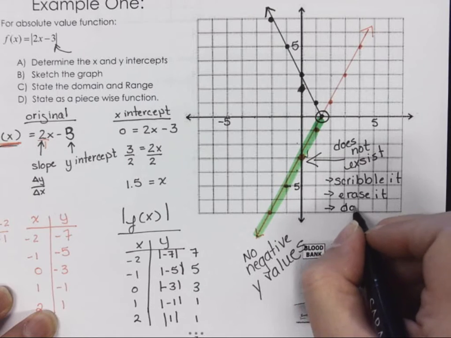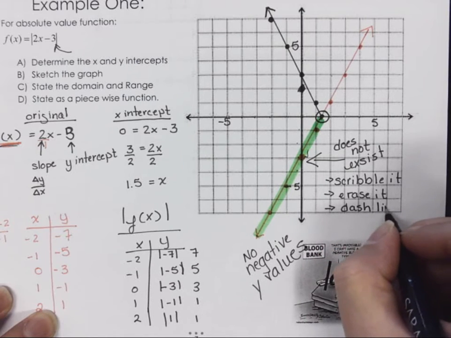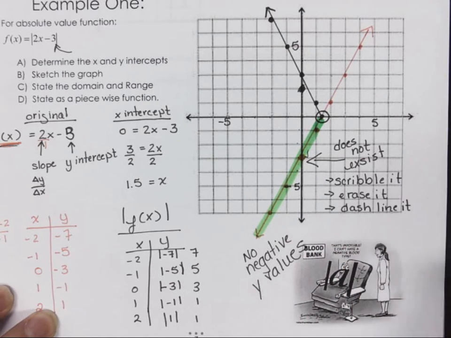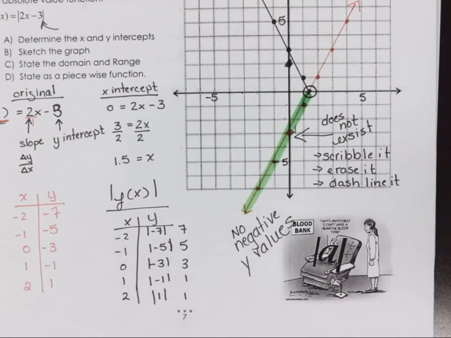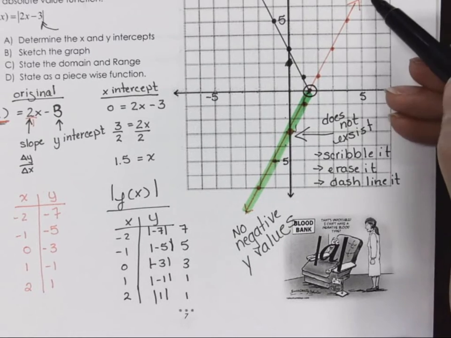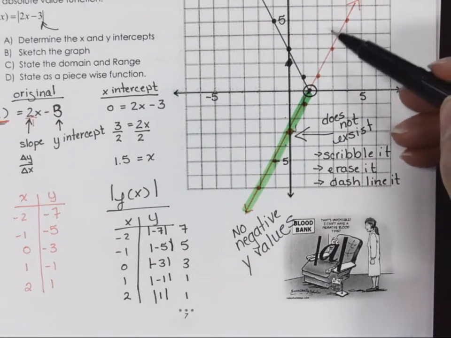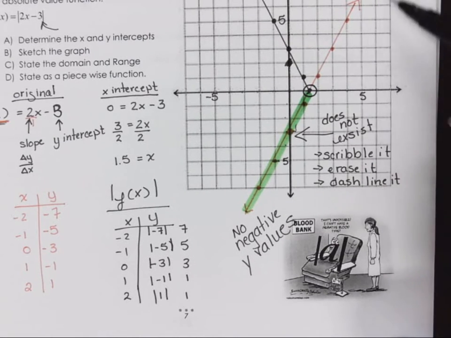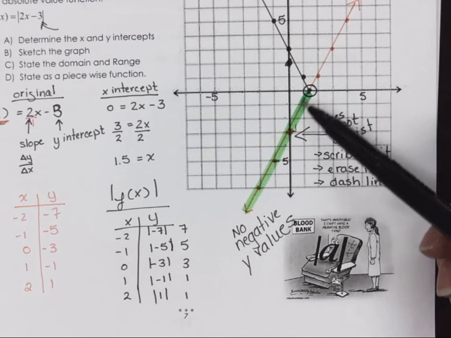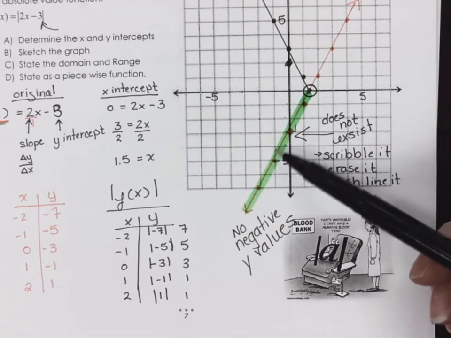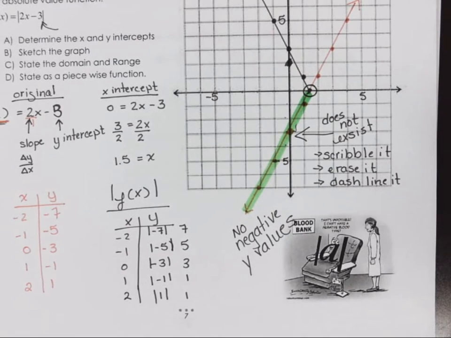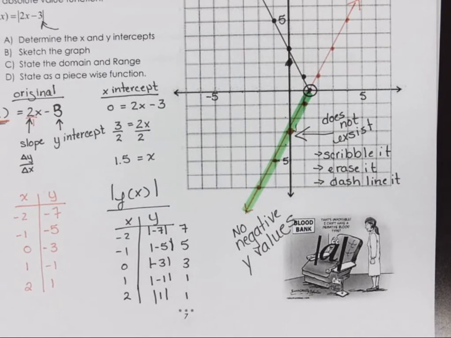Dash lines don't exist on the actual graph. If it's a dash line, it's not really there. Does this red part up here exist? Yes, because those were positive y values. So the only part I want you to get rid of is those underneath. We good? Okay, we're not done yet.